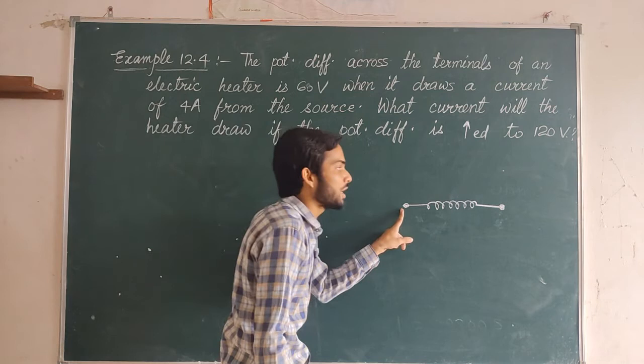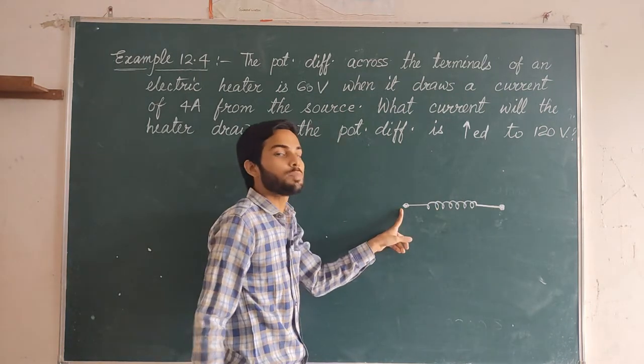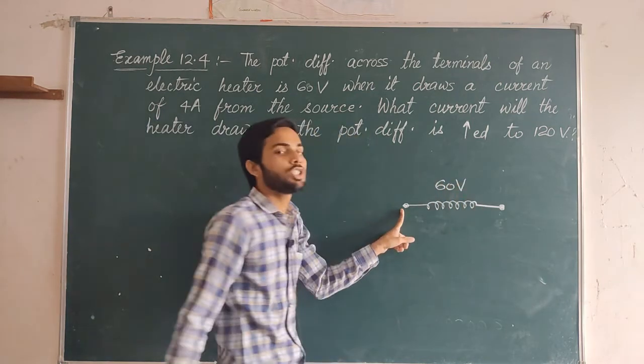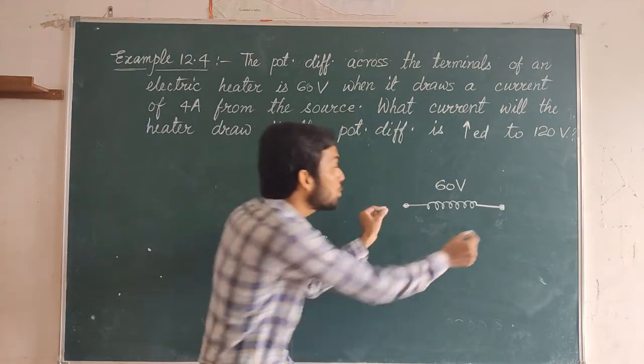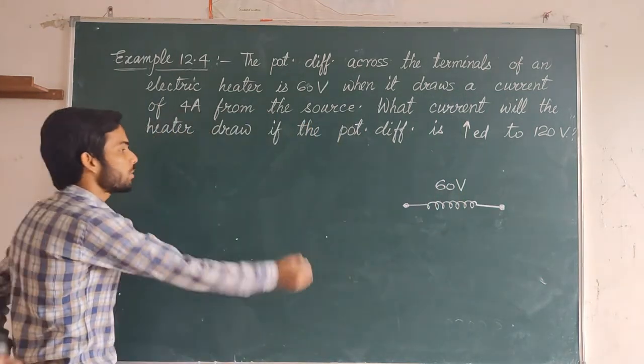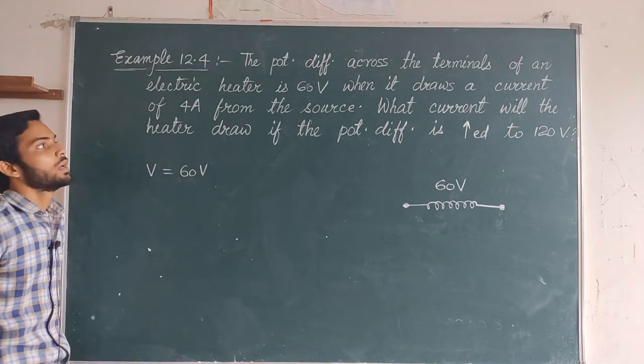What is the potential difference between this terminal and this terminal? It is 60 volt. That is, V is equal to 60 volt.